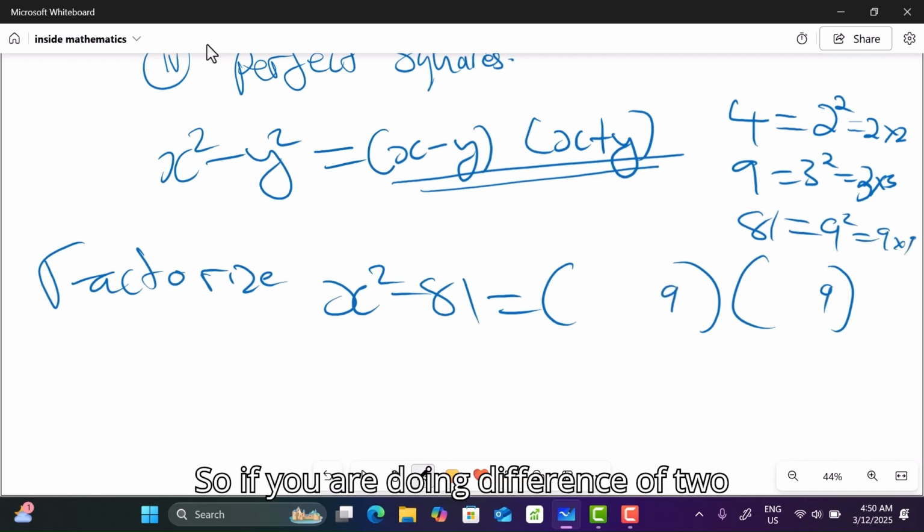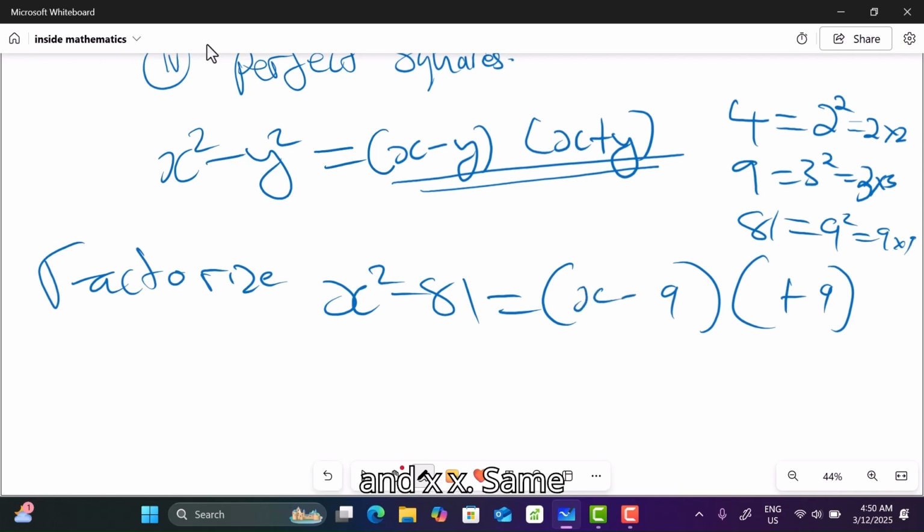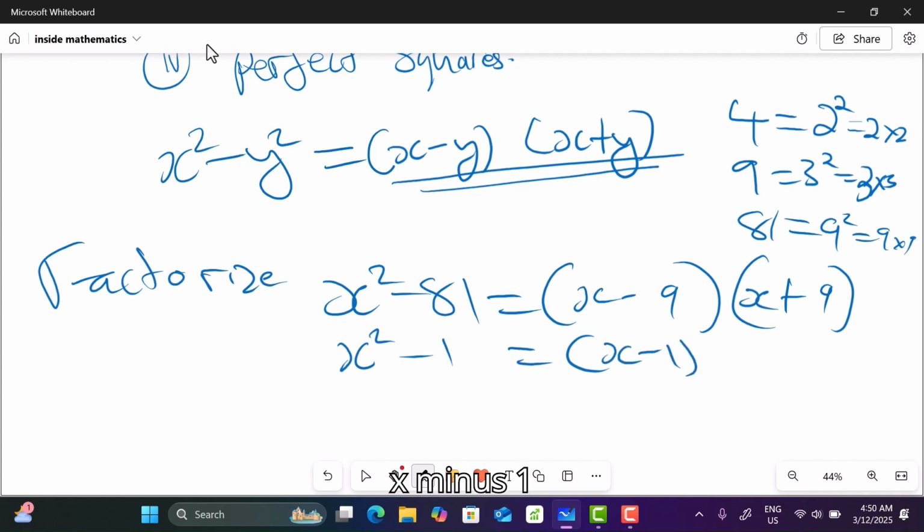So if you are doing difference of two squares, we just say plus and minus, then x. Same goes, x square minus 1 is equals to bracket x minus 1, x plus 1.